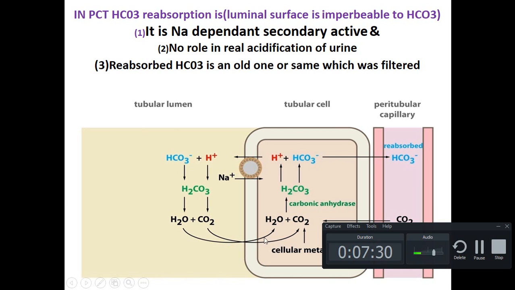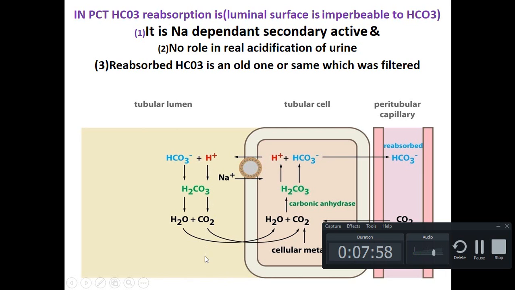This carbon dioxide is reabsorbed, and inside the cell they combine together, again forming carbonic acid, which dissociates into bicarb and a hydrogen ion, and this bicarb is reabsorbed.